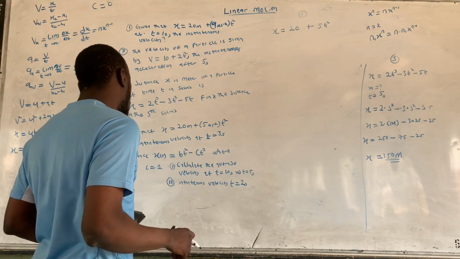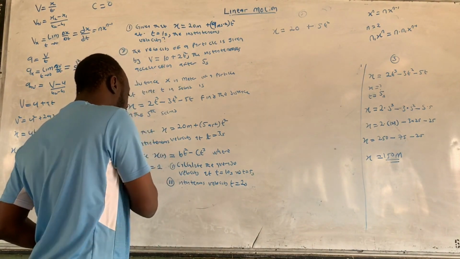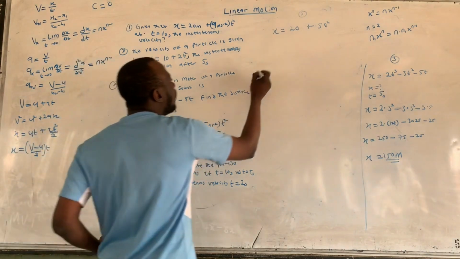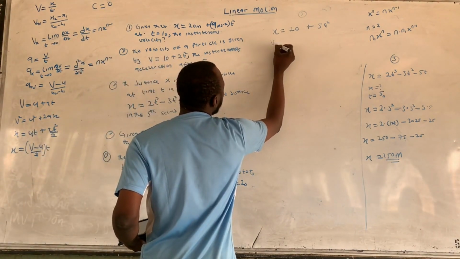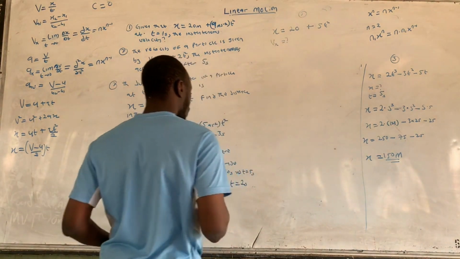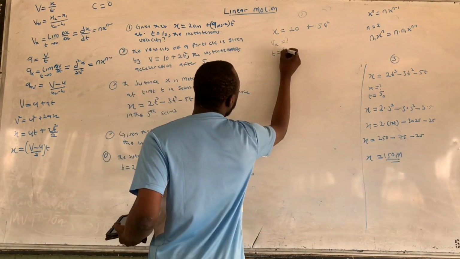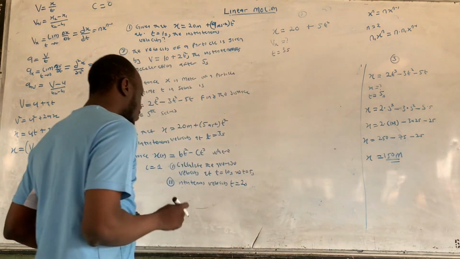So the instantaneous velocity, we can find the instantaneous velocity Vx at t equals 3 seconds.